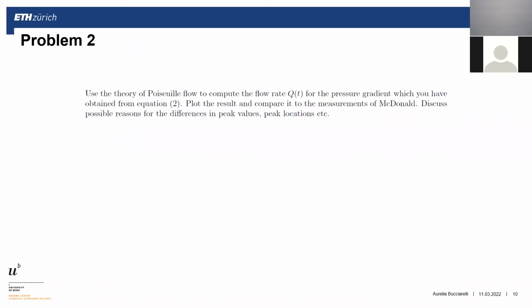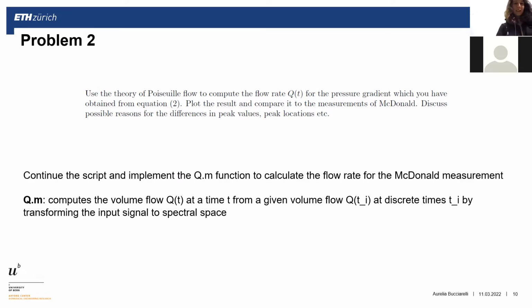Are they exactly the same? Obviously, they are not, because ours is an assumption, and his are really measurements that he did. So I want you to think, what is different? How can we change it? What assumptions did we make that are not entirely correct or can be changed?